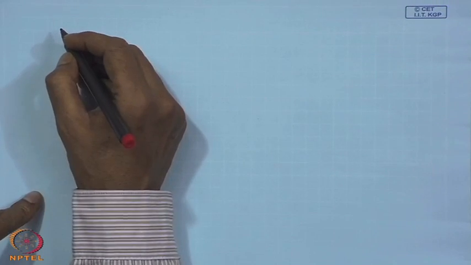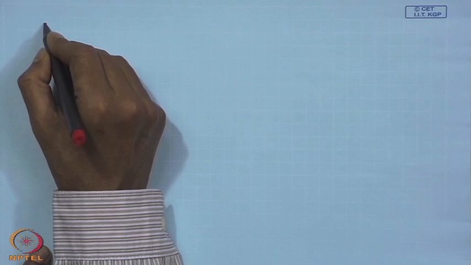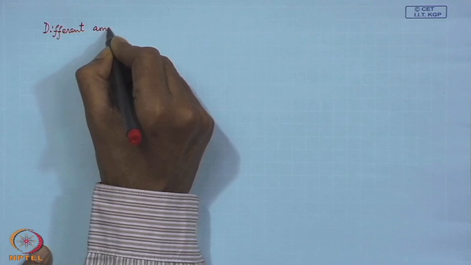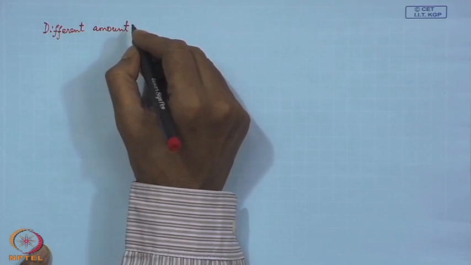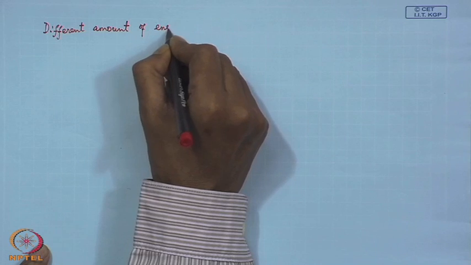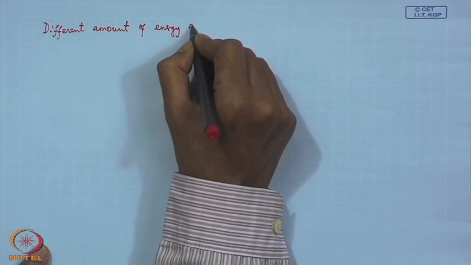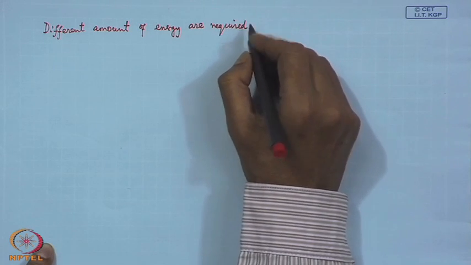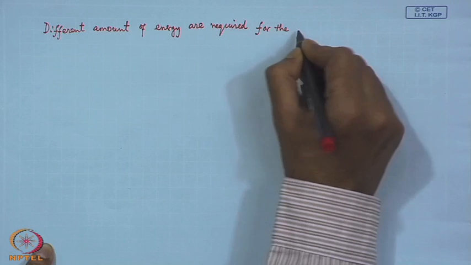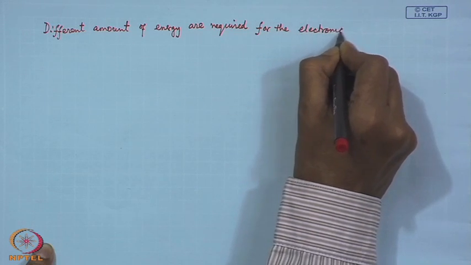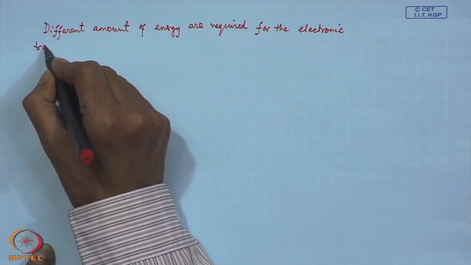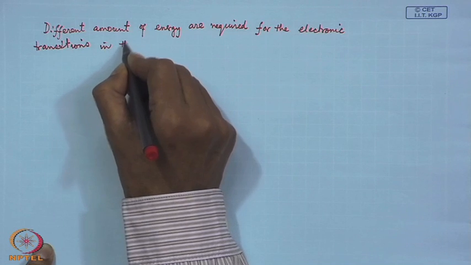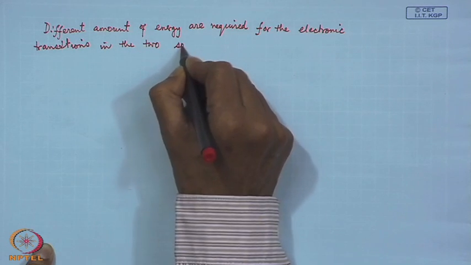of the spectroscopic signatures we will find that different amounts of energy are required for the electronic transitions in the two spin states.